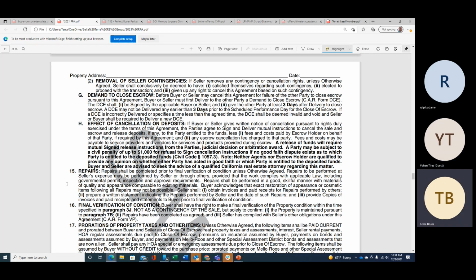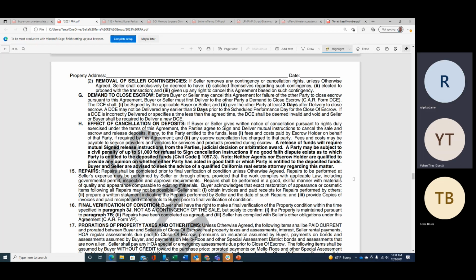All right, repairs. Johan. Repairs shall be completed prior to final verification of condition unless otherwise agreed. Repairs to be performed at seller's expense may be performed by seller or through others, provided that the work complies with applicable law, including government permit, inspection, and approval requirements.